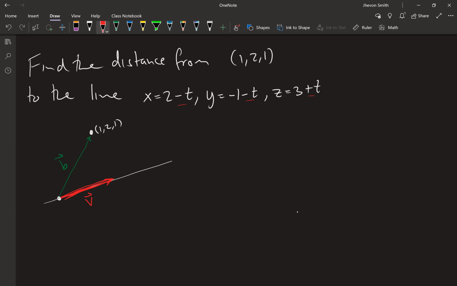Now, what you want to do is measure this distance here. However, if you put a theta here, then you're going to realize that your D is going to be the magnitude of B sine theta.